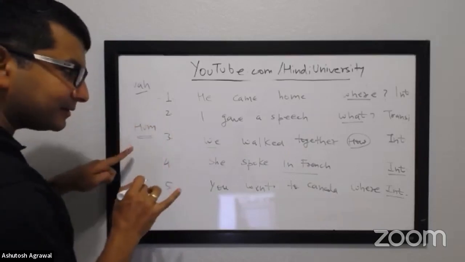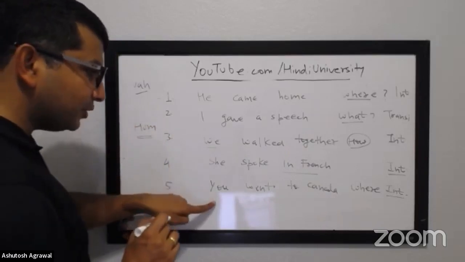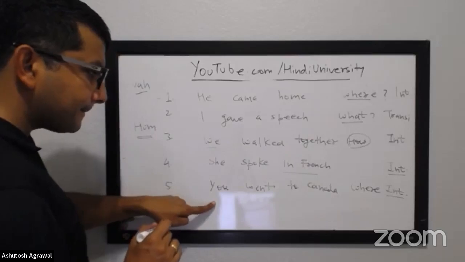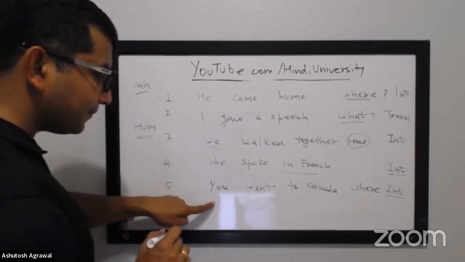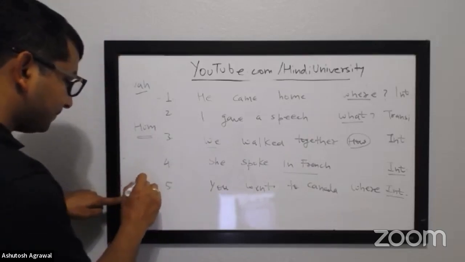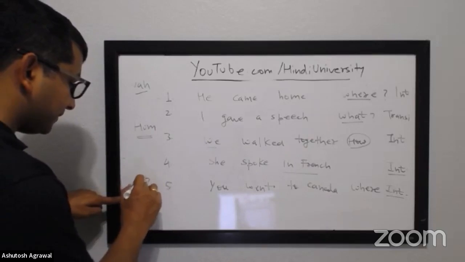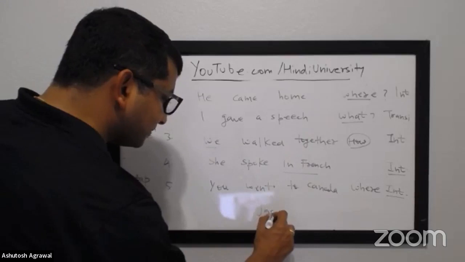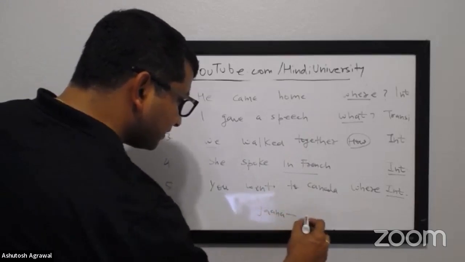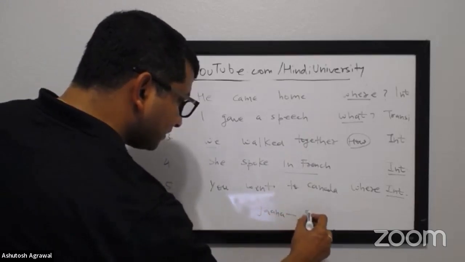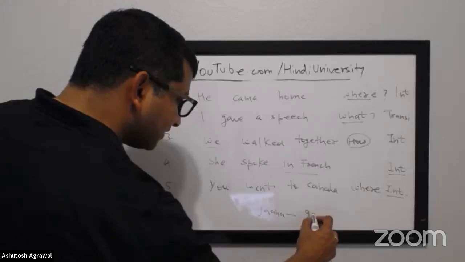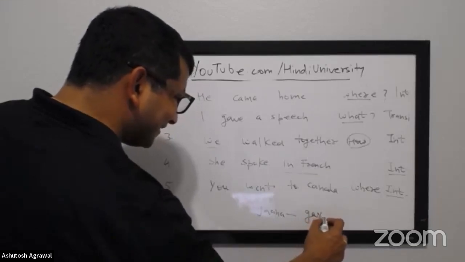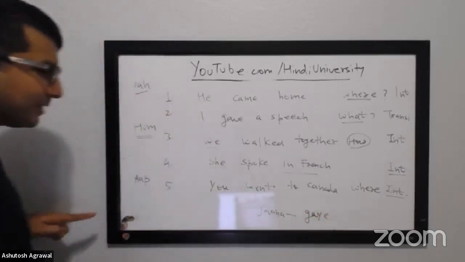Again intransitive verb. Last one, you went to Canada. Aap Canada gaye or gayi. So Jaana in the past becomes gaya. Jaana becomes gaye.